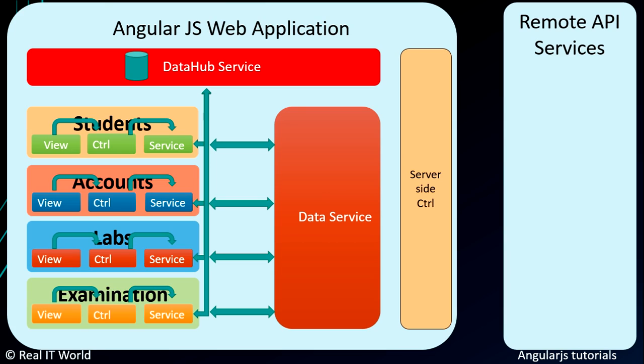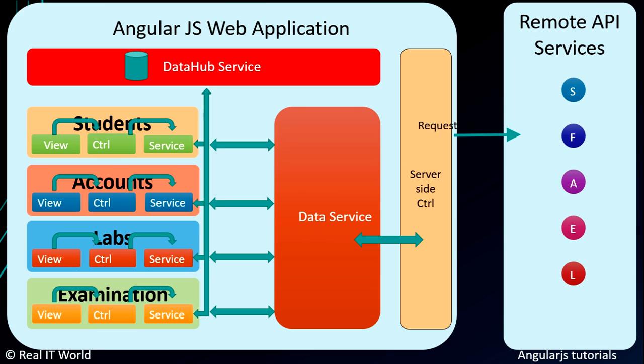As I am using ASP.NET MVC, I will communicate to the ASP.NET MVC controller first. If you are not using any server structure, you can communicate directly from the data service to the remote API service. Because I am using server side technology, I am communicating to the server side controller.